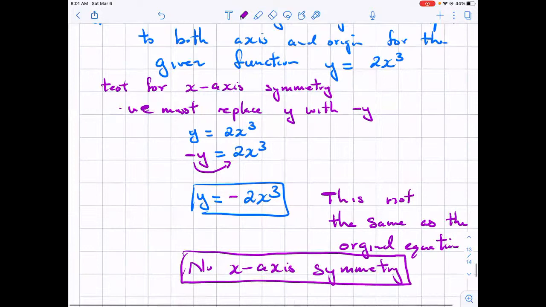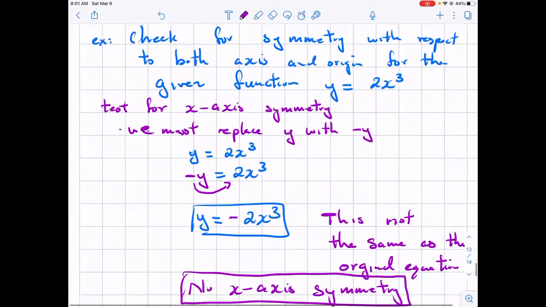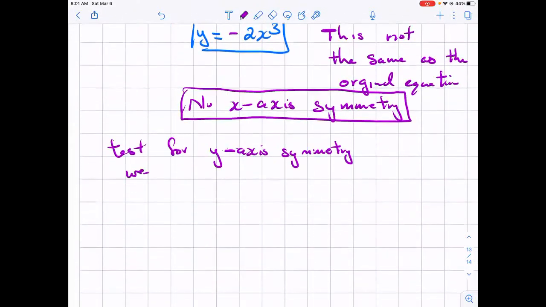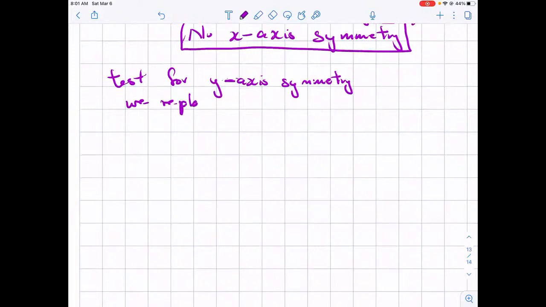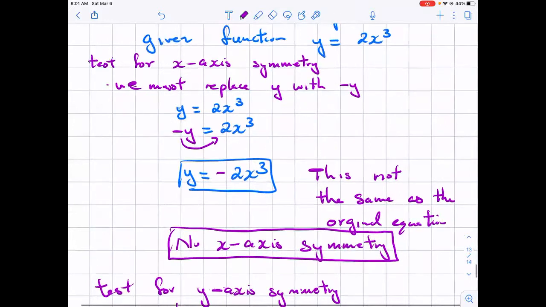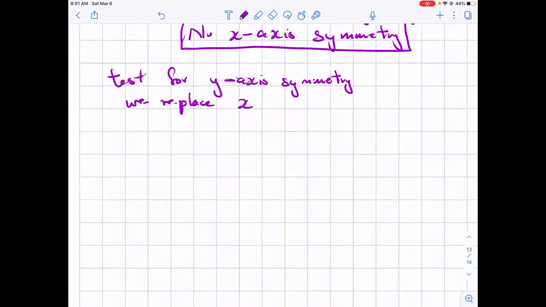Now let's test for y-axis symmetry. For y-axis symmetry, replace x with minus x.